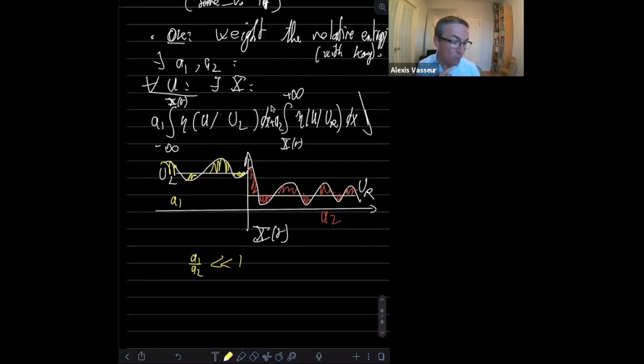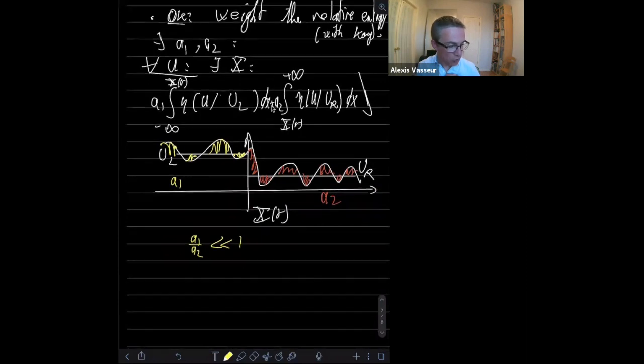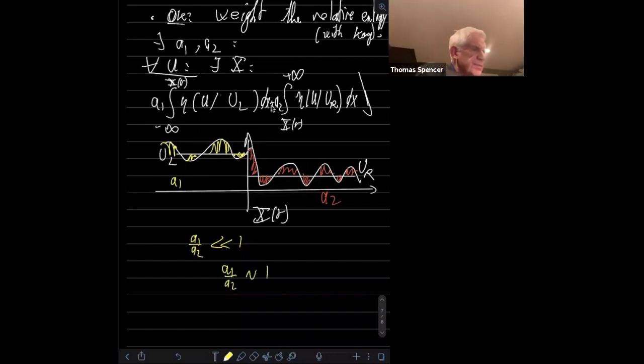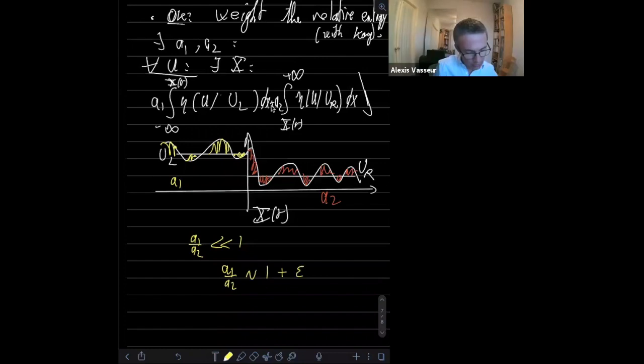And actually one of the big pieces of work that we had to do in order to apply it to BV is because for BV, you can have a lot of shocks, right? Small and small and small shocks. So it was very important to show that actually you can make A1 over A2 about 1 plus the size of the shock.